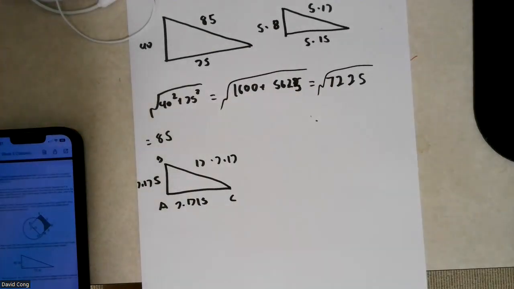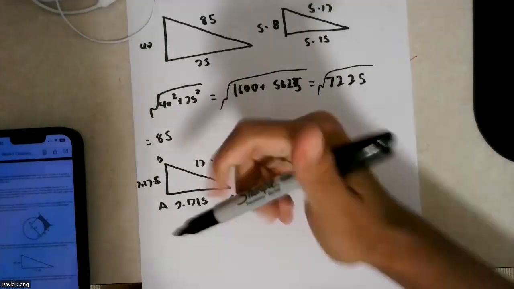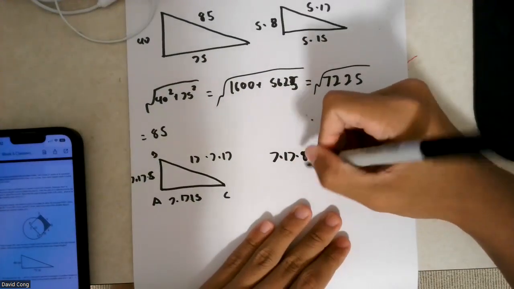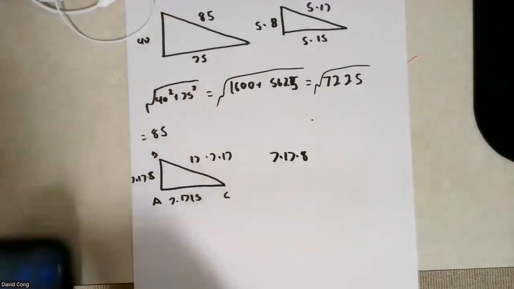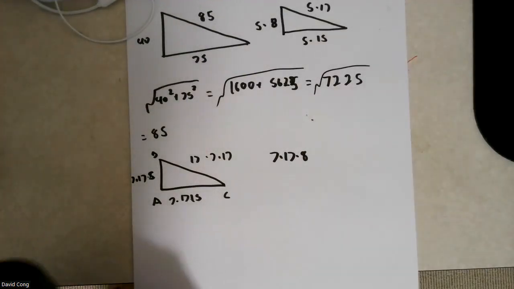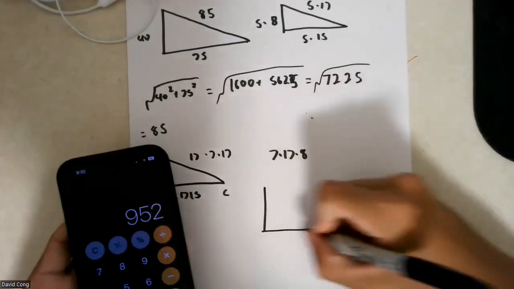And then we get it there. Oh, this is an 8. This is what we have now. We have, what's 7 times 17 times 8? This doesn't matter much. I'm just going to bring out a calculator. You don't actually get one for the math guns test, but I'm lazy. So you get a triangle with lengths.